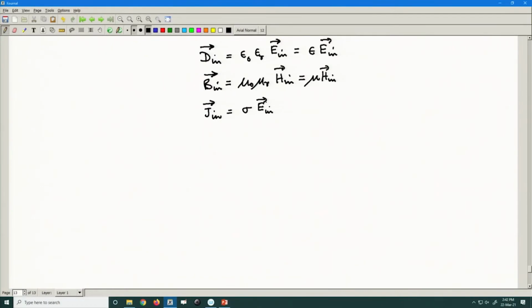And J in is sigma E in, where sigma is the conductivity.